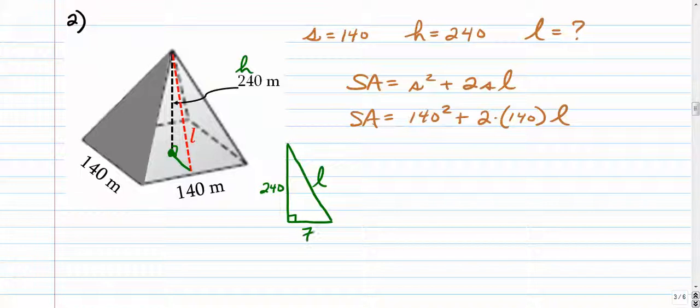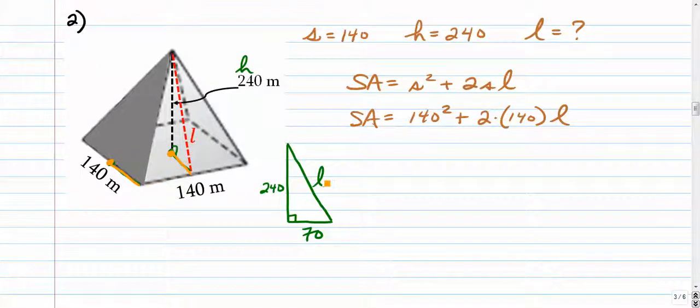That's not 140, but it's half of that because the height goes down and touches the base right in the middle. So really it's only going from here to here. You can see that makes a nice little rectangle. Would actually be a square.